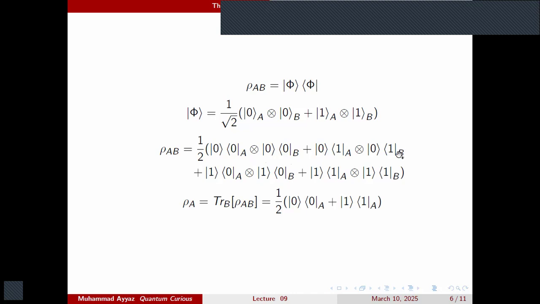Taking the trace over that quantity, it's going to be 0, because the |0⟩ and |1⟩ are orthogonal to each other. The inner product of |1⟩ and |0⟩ is also 0, and the inner product of |1⟩ with |1⟩ is going to be 1. So the reduced state in that case is again a maximally mixed state, as we obtained previously. But in this case, the joint state has a much more complex form than we have seen previously. Just by looking at this joint state, we cannot guess what the reduced state of subsystem A is going to be.